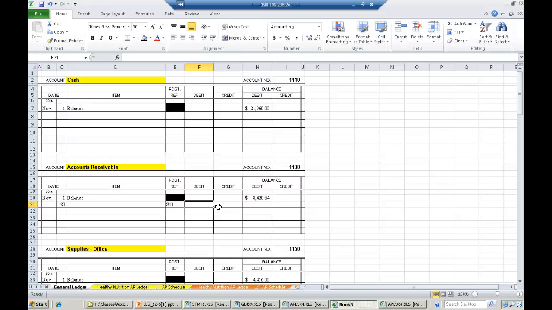I'm going to put the debit amount of $9,262.28. Again, we're going to have to put a formula in here, equals normal debit balance plus this minus this. Okay, so that's what we should have so far.